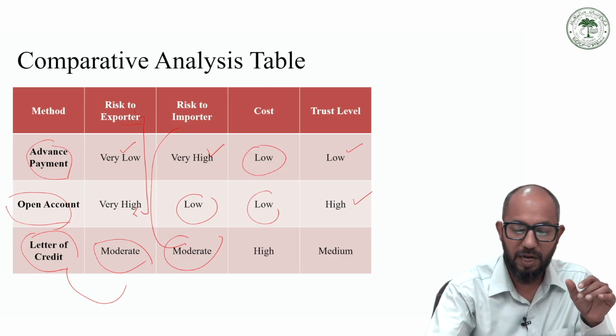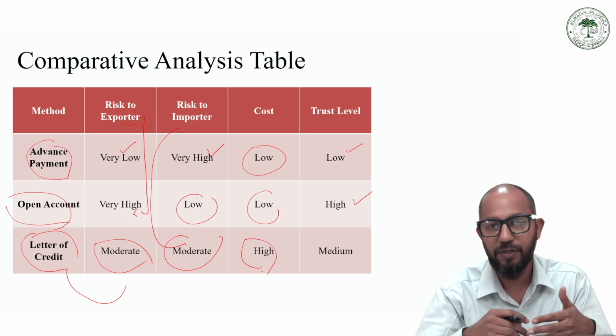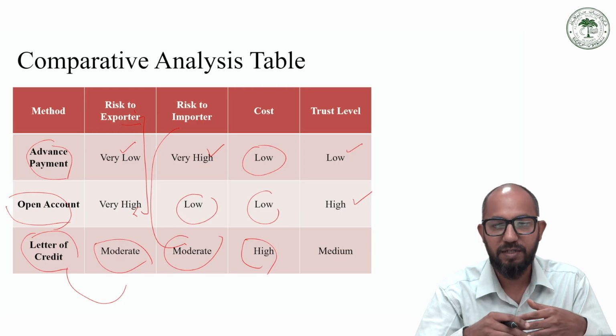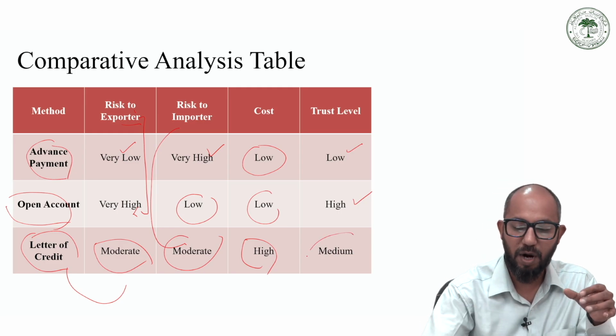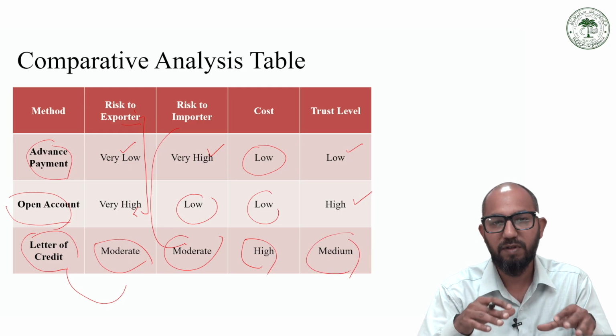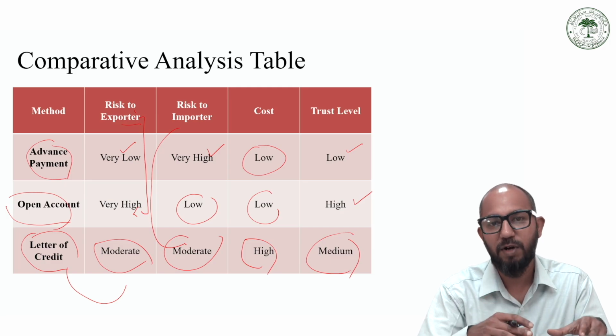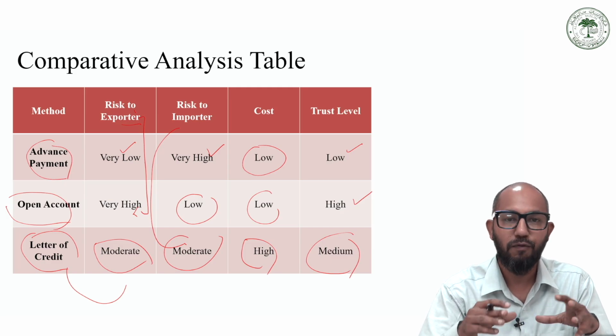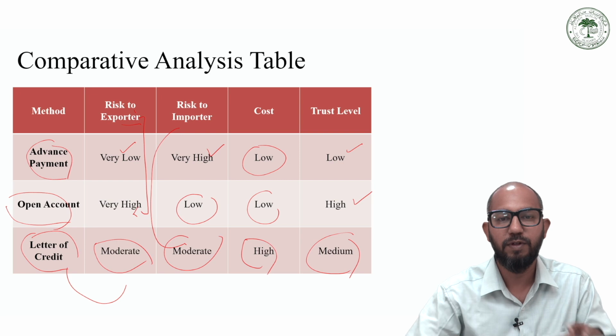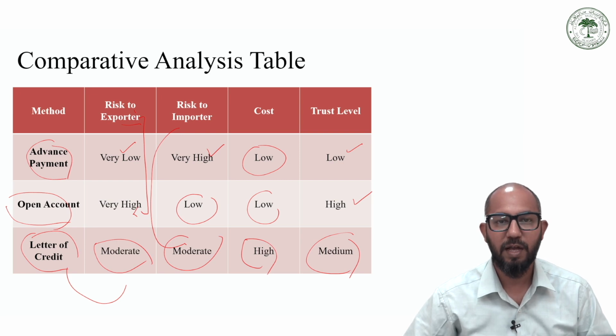The cost is high though because documentation happens, banks are involved, etc. and trust level required is medium. So it is something in between of advance payment and open account wherein it balances most of the aspects of risk associated with exporter or importer.